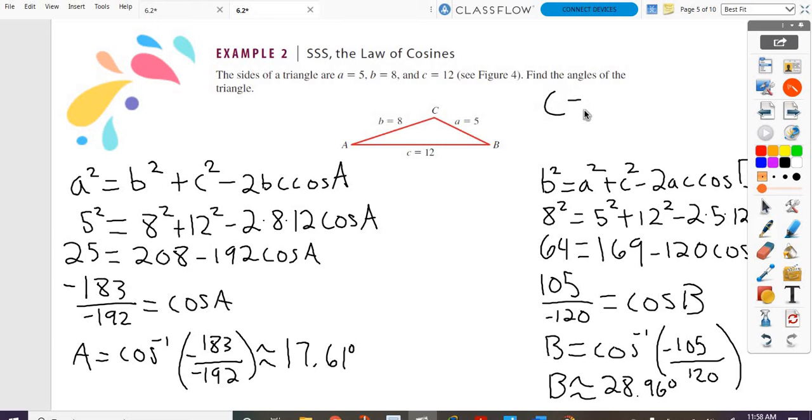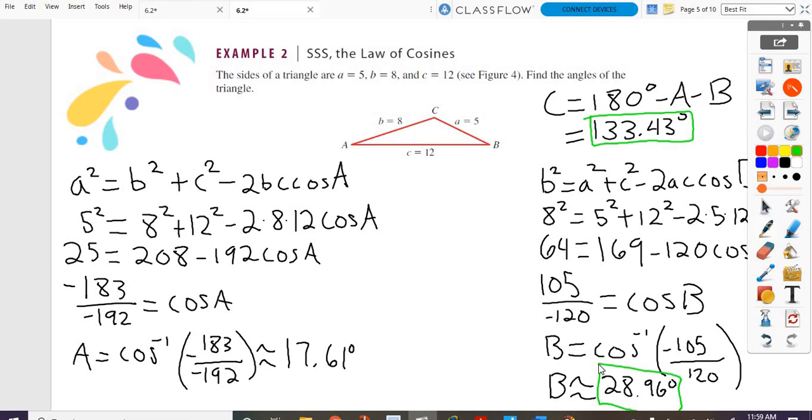Subtract both of those angles from 180. And what do we get? 143 degrees. So that's 1, 2, and 3 angles.